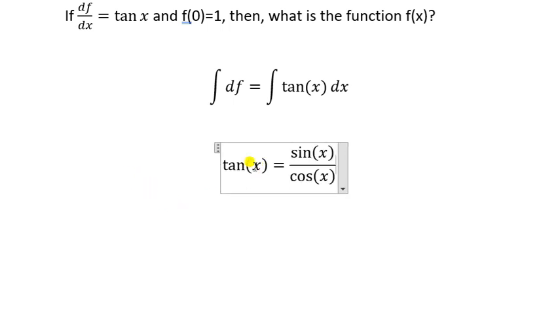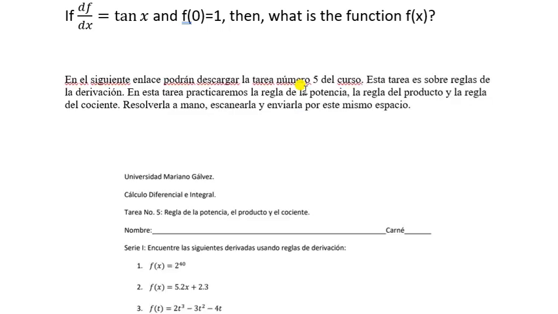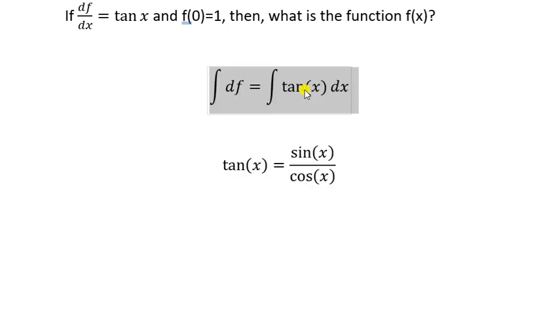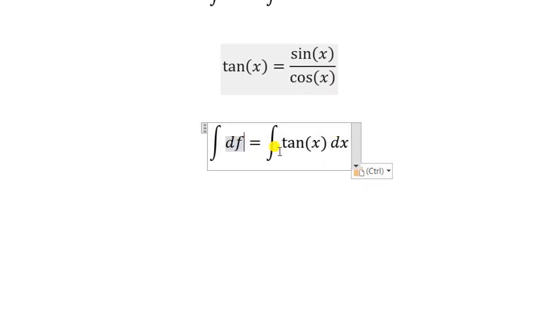So we can go ahead and substitute this identity into our integral. So the integral will have the following shape, which looks like this.